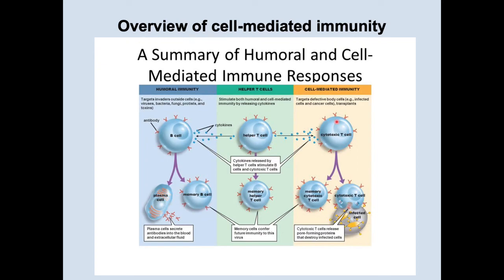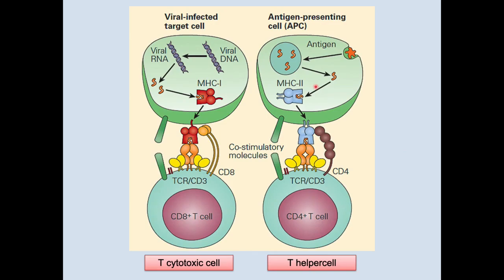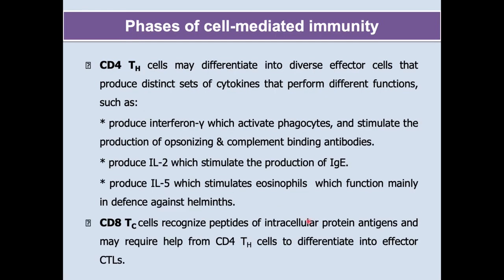Intracellular protein antigen means it comes from the infected host cell, from inside. The other one is from outside, entering inside. But this one is already from inside: it has degraded the viral DNA, presented it, and only then does the cytotoxic cell recognize it. But when it recognizes, it cannot proliferate yet. It needs help from the T helper cell to differentiate into effector CTL, cytotoxic T lymphocytes. Okay?